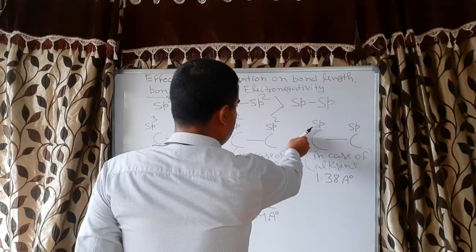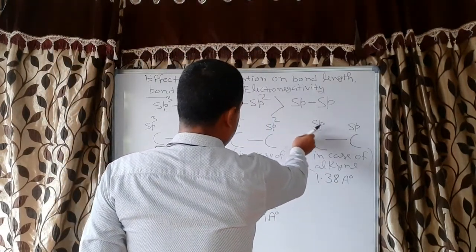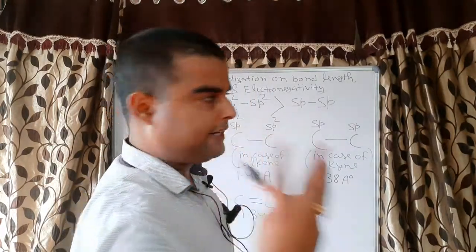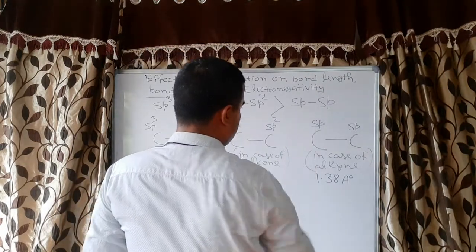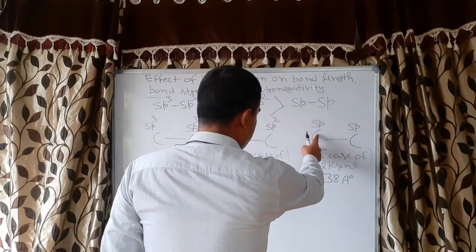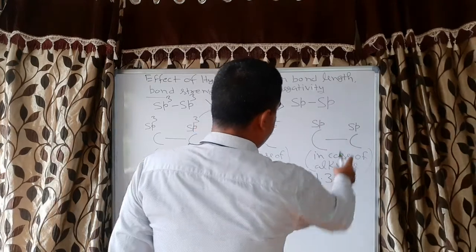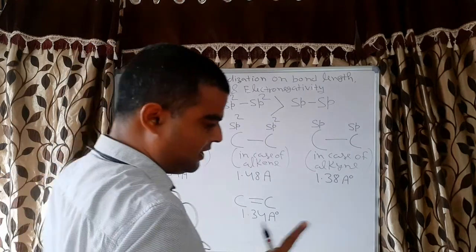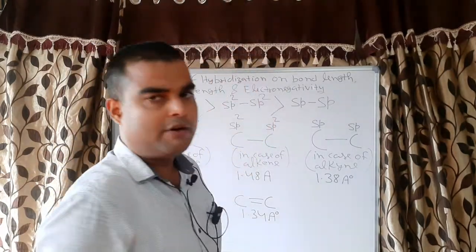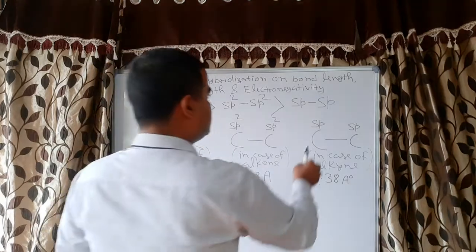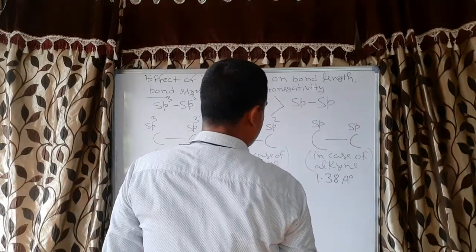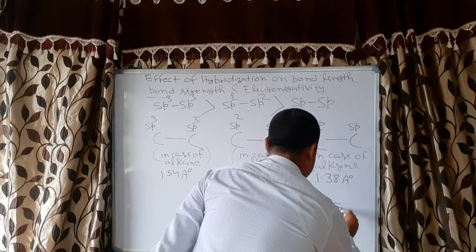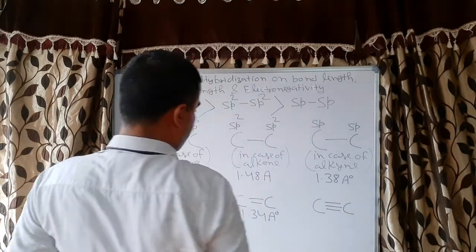Now come to here. Here one s orbital, yes, s can be only 1, and p is 1 orbital, but maximum p can be 3, but here it is 1 p orbital. It means 2 p orbitals remain unhybridized. Similarly here also 2 p orbitals remain unhybridized, and one unhybridized p orbital forms one pi bond. It means 2 unhybridized p orbitals will form 2 pi bonds.